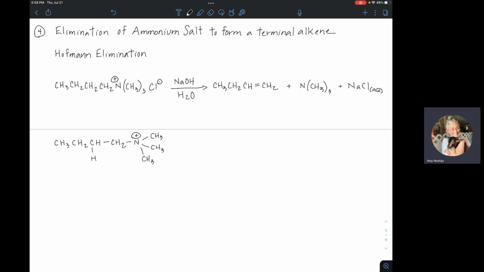I'll leave the spectator out of it. I'm going to grab that hydrogen. These electrons are going to collapse between these two carbons, and this is going to take off. This is an E2 reaction. We'll just draw the important products that come off of that. So you end up with a terminal alkene.